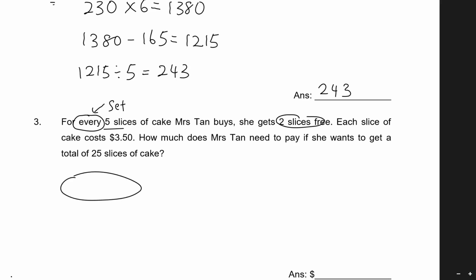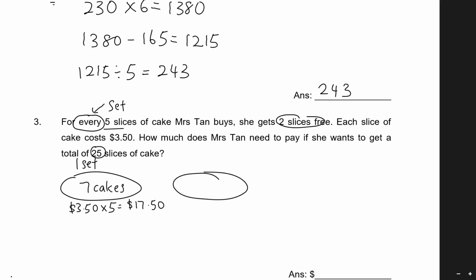So in fact, one set has got how many cakes? 7 cakes. 5 plus a 2 free. And this 7 cakes is not going to cost you 350 times 7, because remember the other 2 slices are free. So you actually only pay for 5 of the slices, which is $17.50.